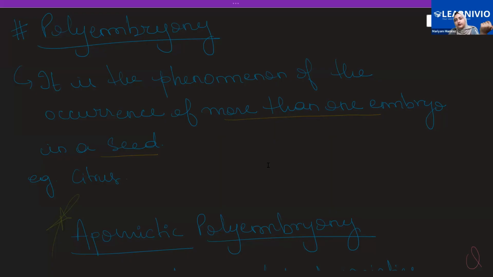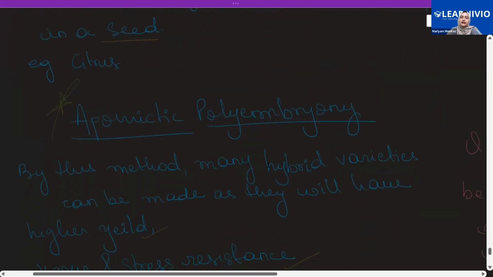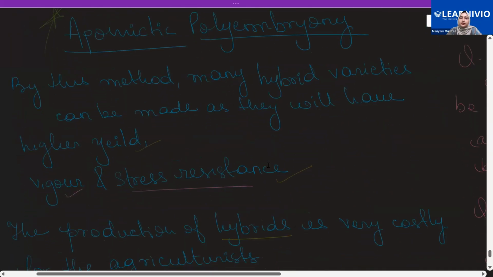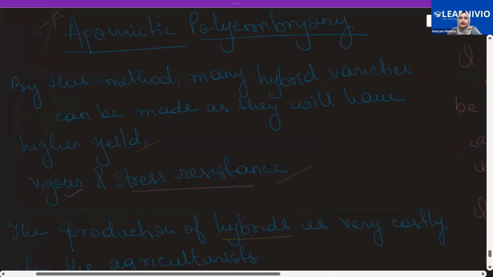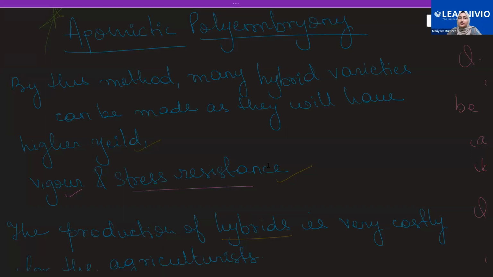They give rise to separate embryos, like one will divide into two. And then there is apomictic polyembryony. This is like an artificial method wherein hybrids can be made by artificially mimicking the sexual reproduction, forming the seed without the fertilization, and then having multiple embryos in them.